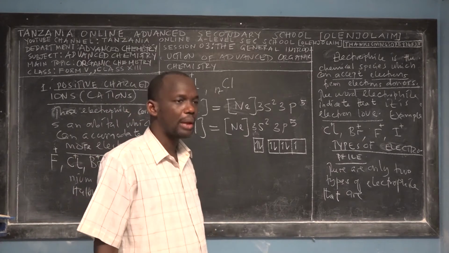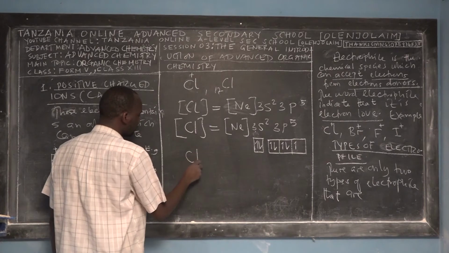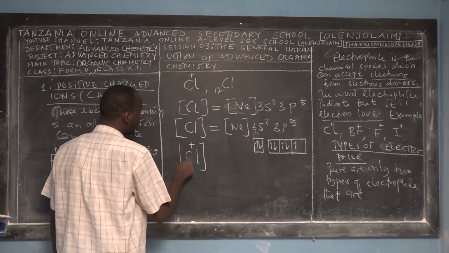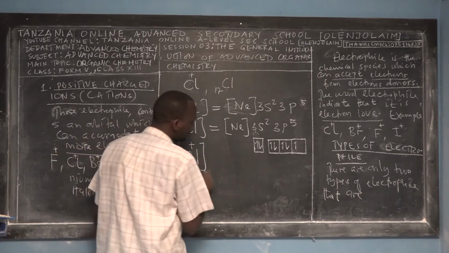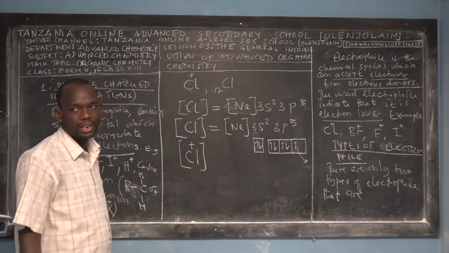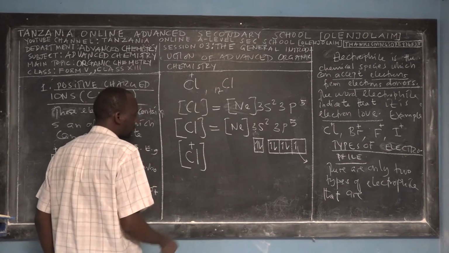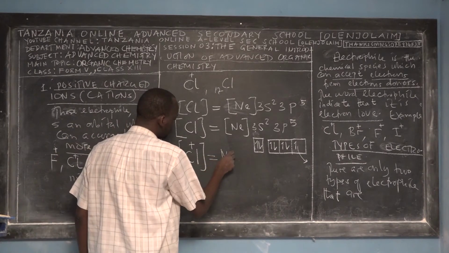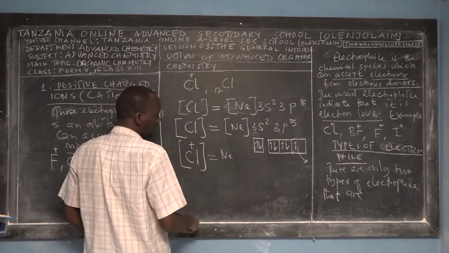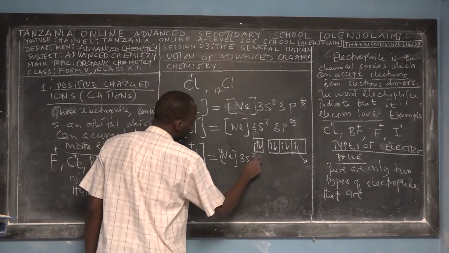But what happens under the scenario of forming the chlorine ion, the positive one? During its formation, if you write the electron configuration, this is in case chlorine has lost the 1 unpaired electron. So now it is 3s, 3p.